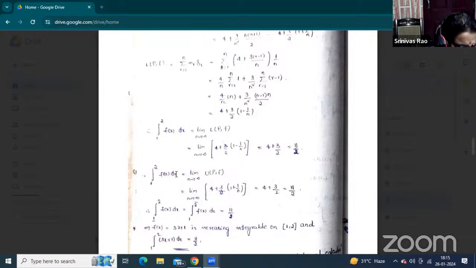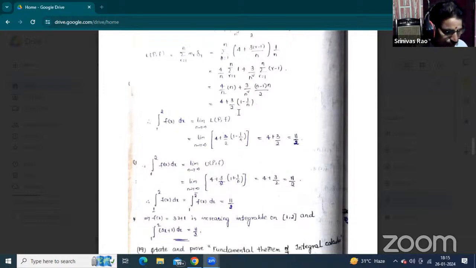So automatically limit 1 by n equal to 0, limit 1 by n square equal to 0, here n being a natural number. In the same manner, this value is 0. When applying the limit as n approaches infinity, we are getting the value 4 plus 3 by 2. 4 plus 3 by 2 means 11 by 2.